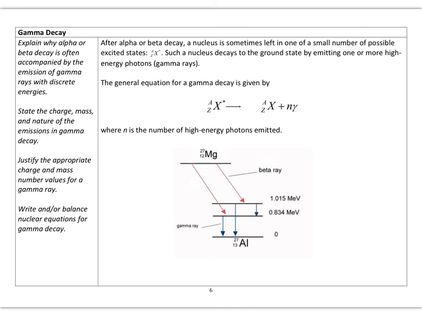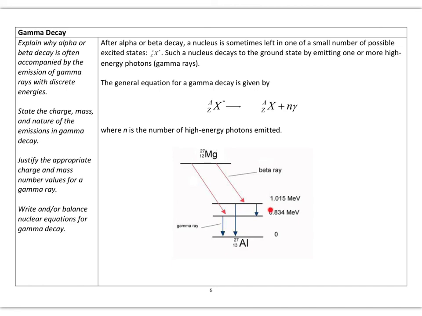The same would apply if this had been something that undergoes alpha decay. Obviously, the atomic number would have been greater than 82. It would have been bigger. And this energy here would go to the alpha particle rather than the beta particle. So that's, if you like, the energy of our beta or our alpha particle.